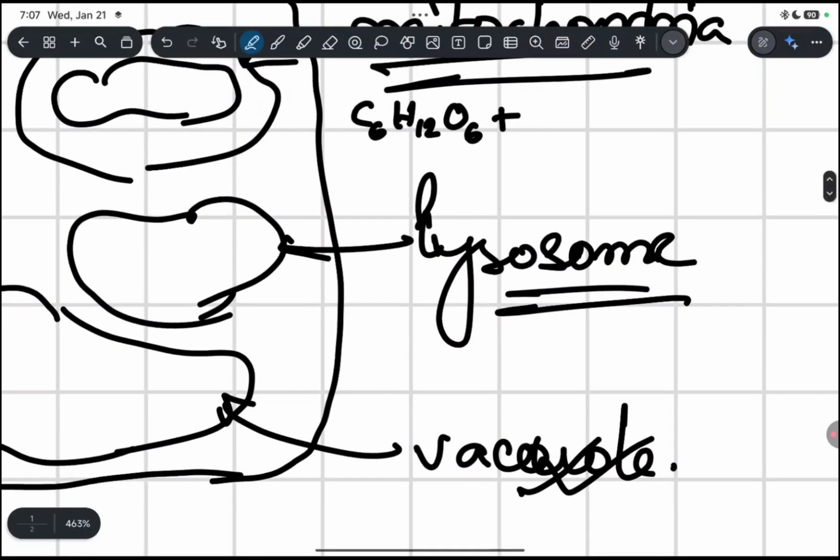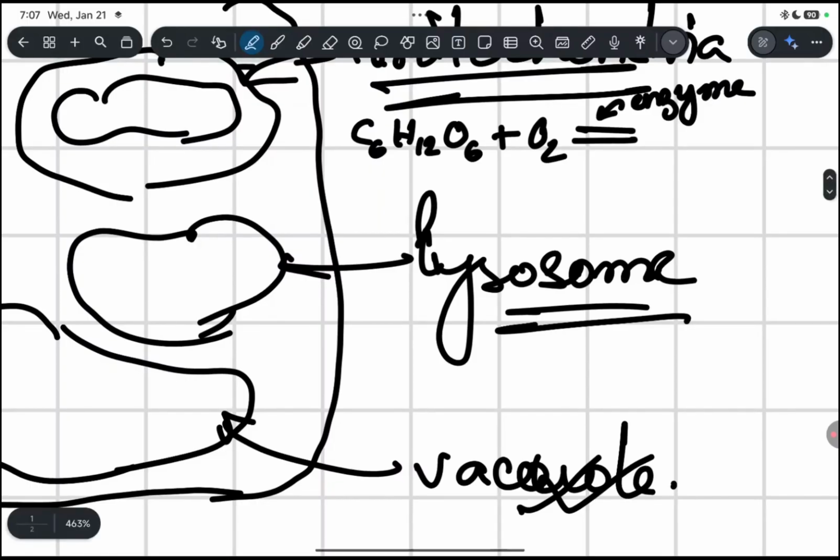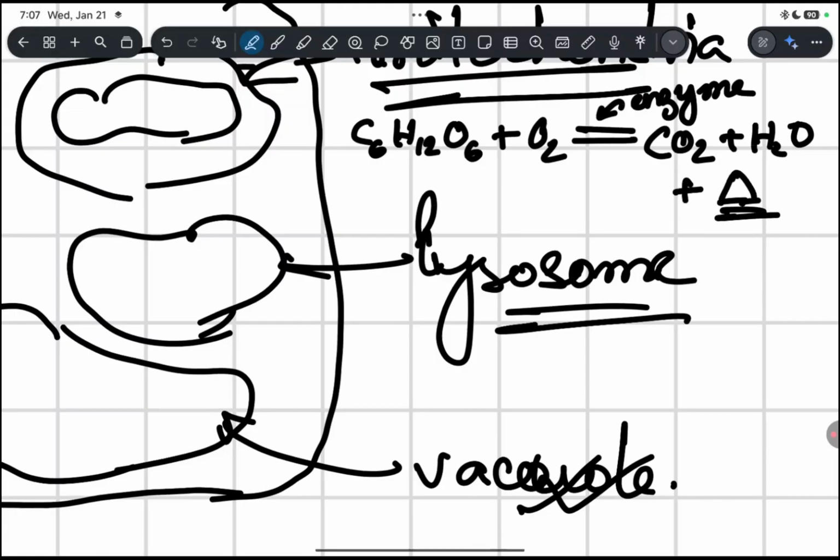Plus we take oxygen, then we have some activation energy in the form of an enzyme, which is made by ribosomes. We'll come to that later. So what do we get? We get CO2 plus H2O plus energy. So you can see, through aerobic respiration we are getting this energy.